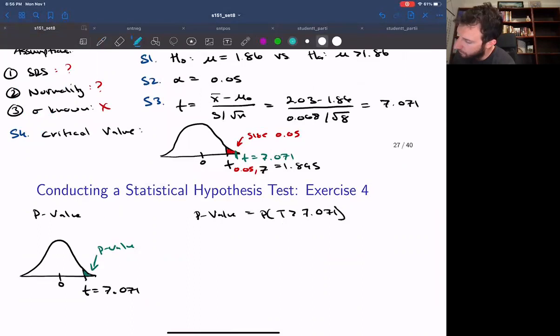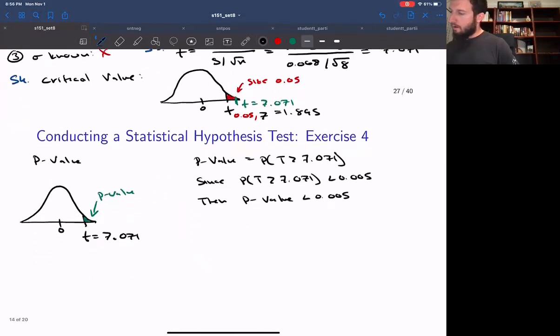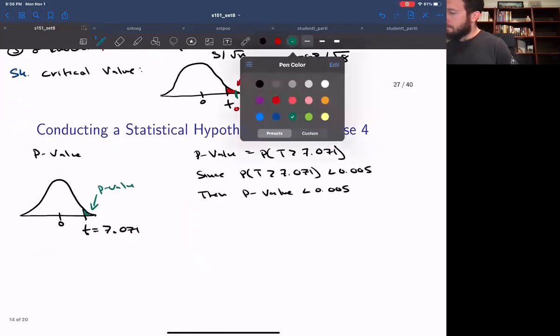So in this case, we would say, since the probability that t is bigger than 7.071 is less than 0.005, then the p-value is less than 0.005.